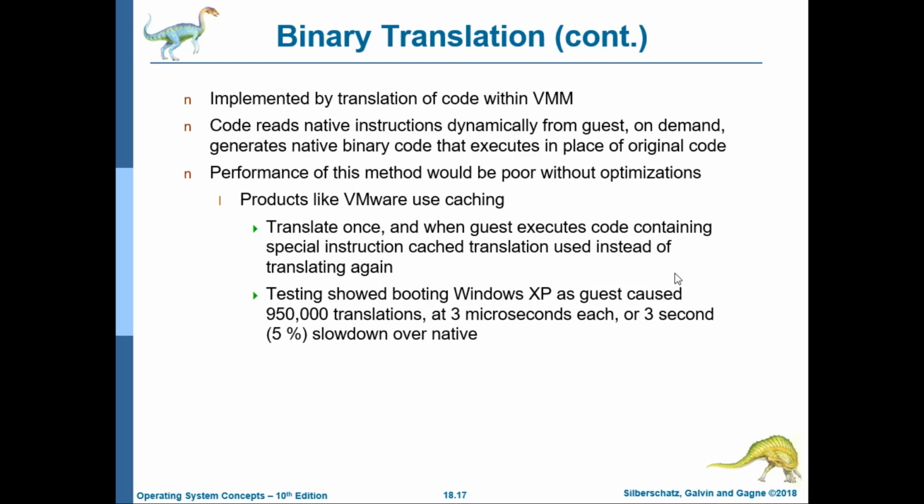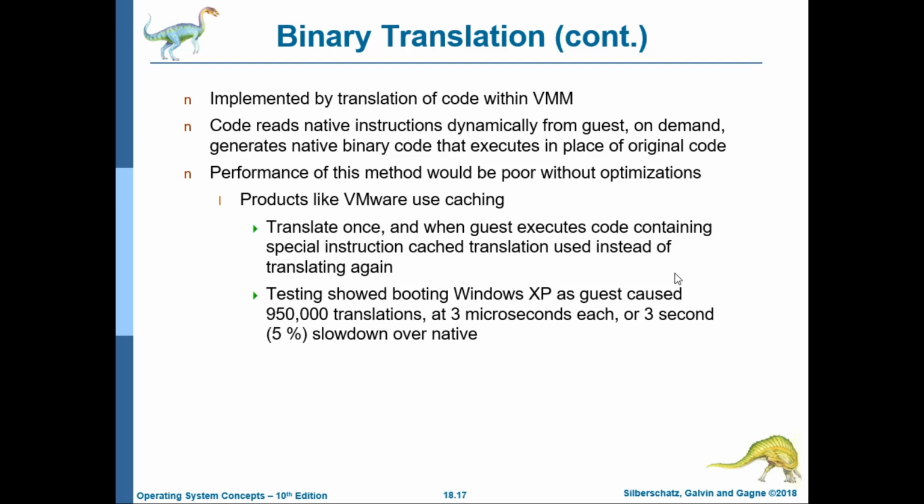The implementation is done by translation of code within the VMM. The code reads native instructions dynamically from the guest on demand, and generates native binary code that executes in place of the original code. The performance of this method would be poor without optimizations. So products like VMware use caching.